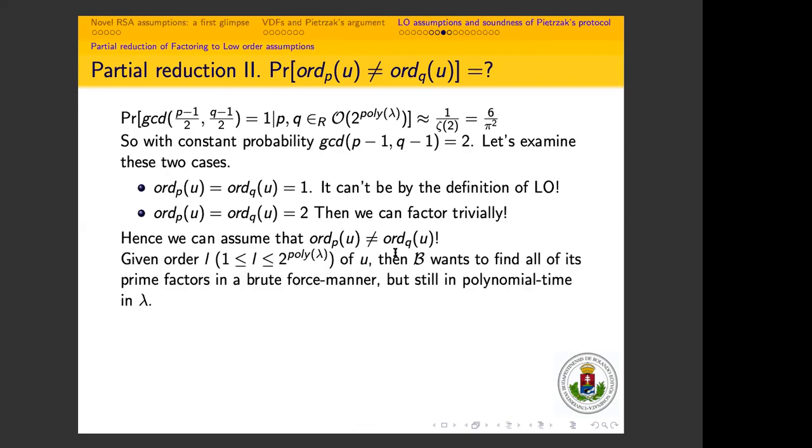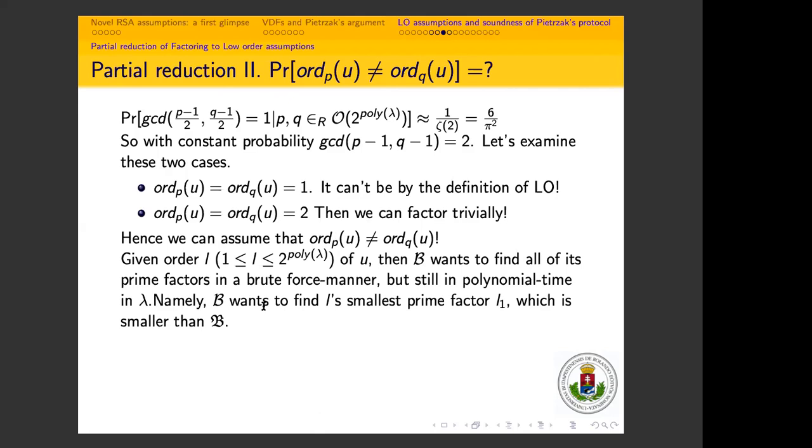Okay. Now what we need to find is the probability that L is smooth enough to factor out. Remember, we want to find all the prime factors of L and check the GCD. So we want to find all of its prime factors in a brute force manner, but still in polynomial time in lambda. What we do is try to recover all the prime factors below this bound B, and we hope that all the prime factors of L will be less than this bound B, right?